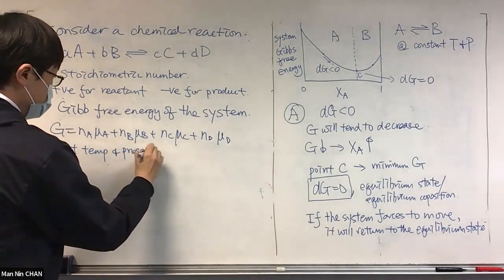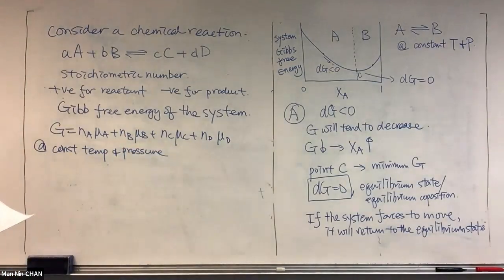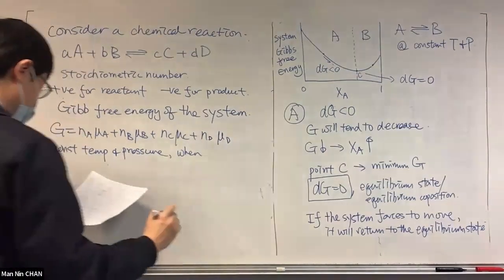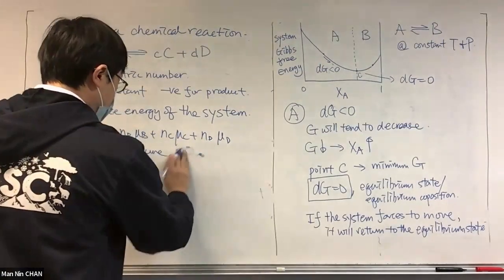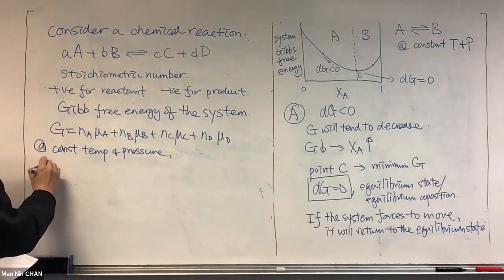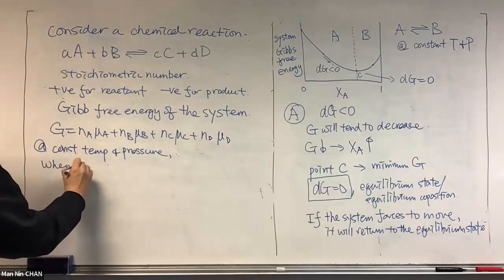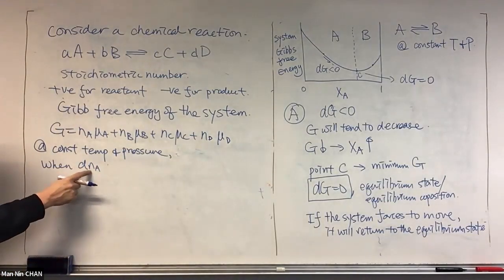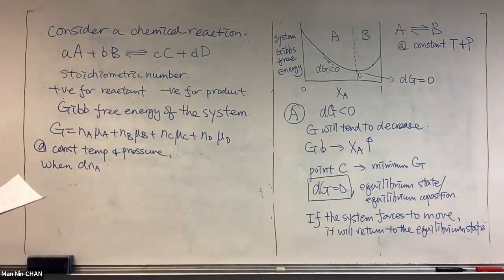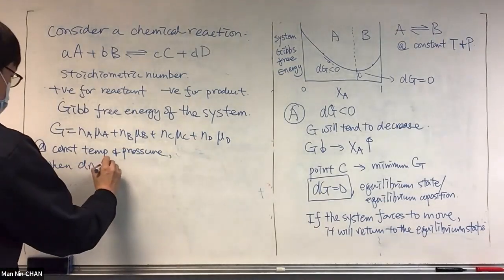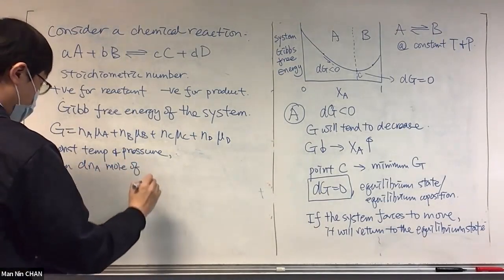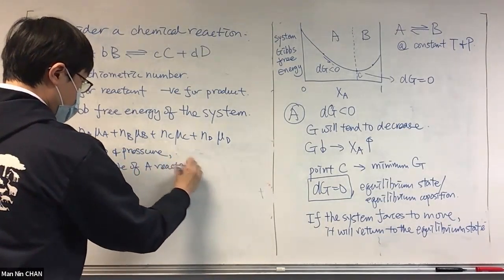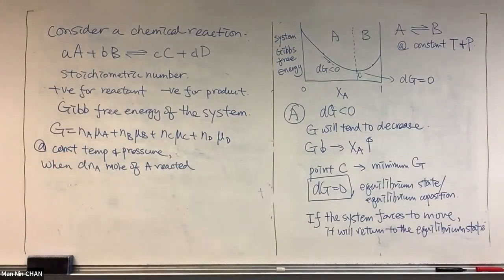So let's say when a certain amount of A is reacted, let me put down here dN_A, which means the change in the number of moles of A reacted at a constant temperature and pressure.